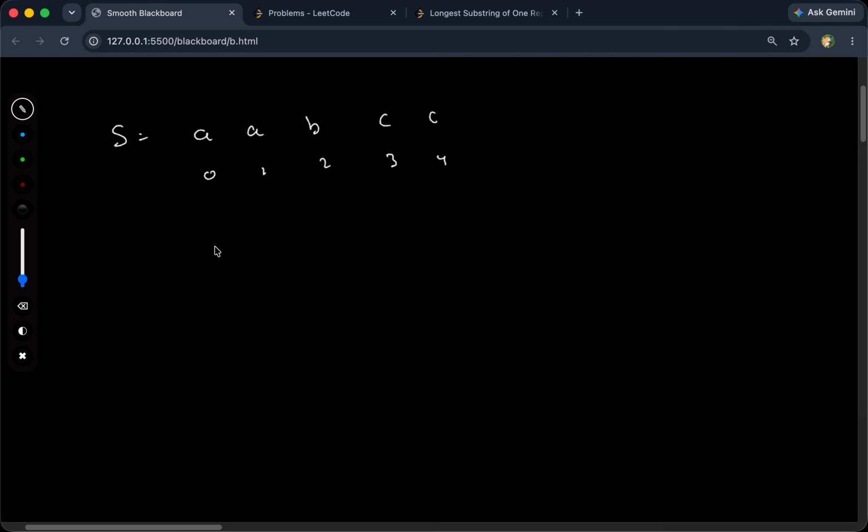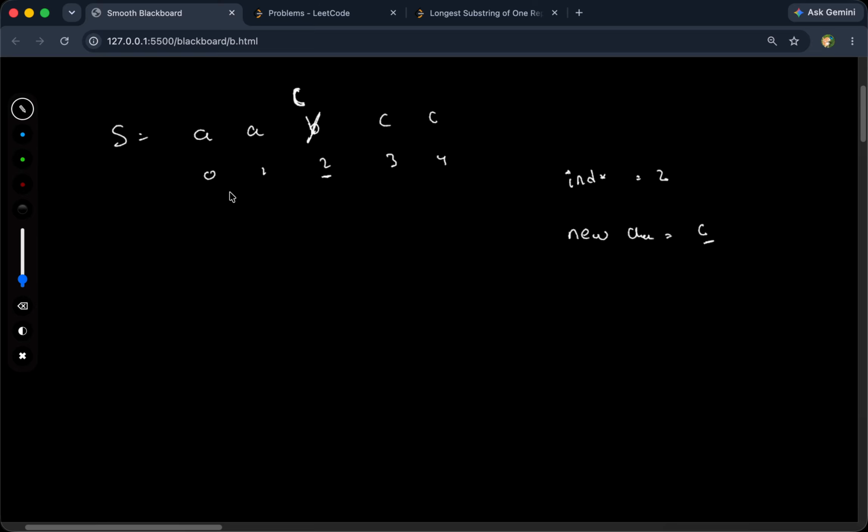Suppose we are told index 2 and new character is c. This means we have to go to index 2 and replace the character there with c.